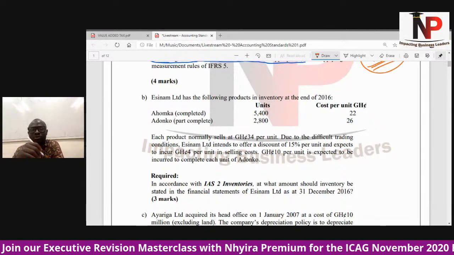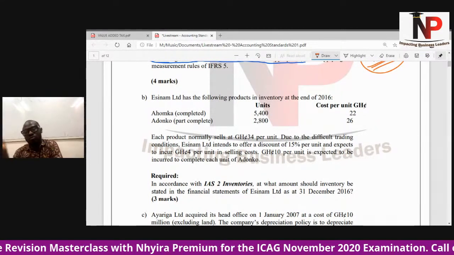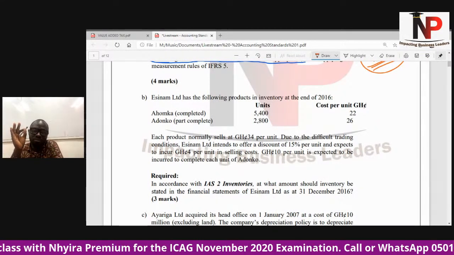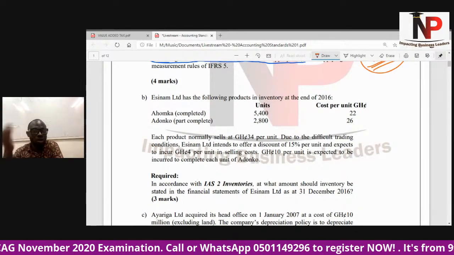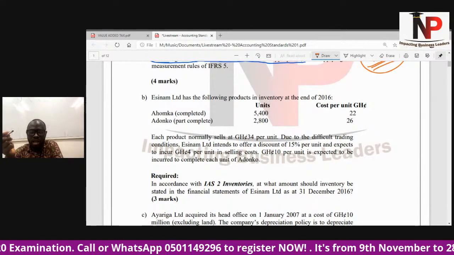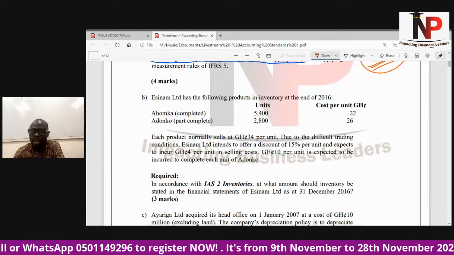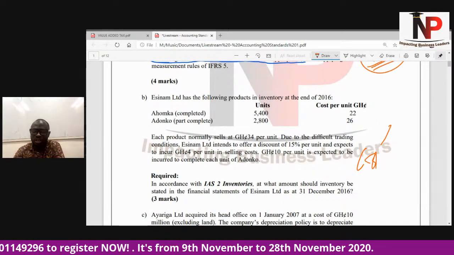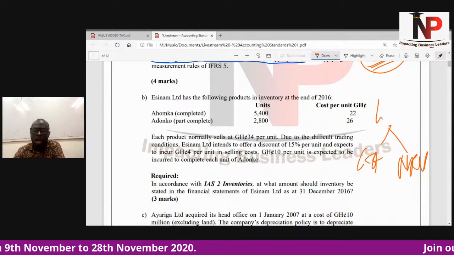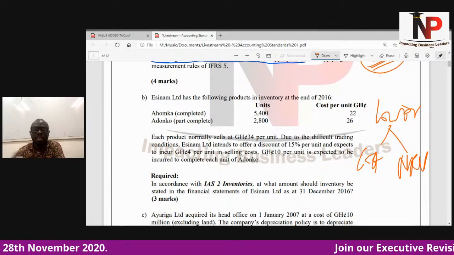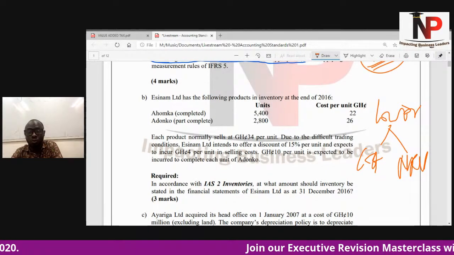Inventory should be carried at what? Lower of cost or net realizable value. So we compare the cost of the inventory as against the net realizable value. The lower of the two will be the value at which an inventory will be carried.